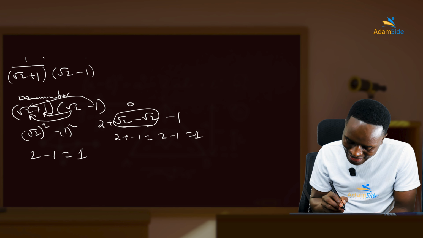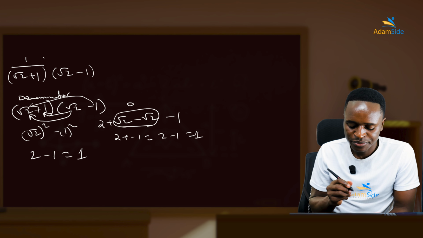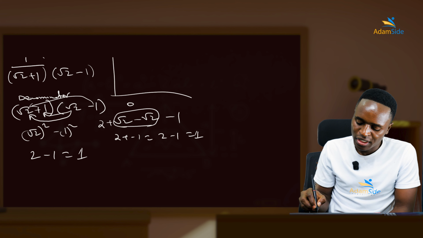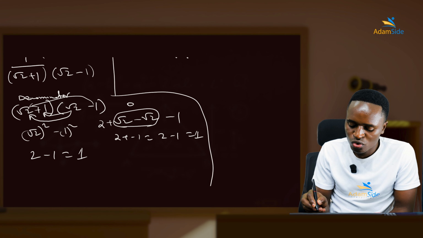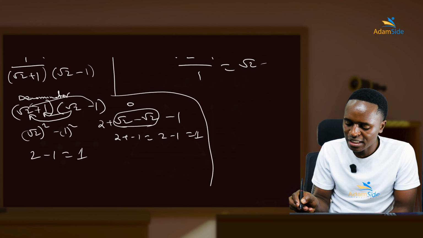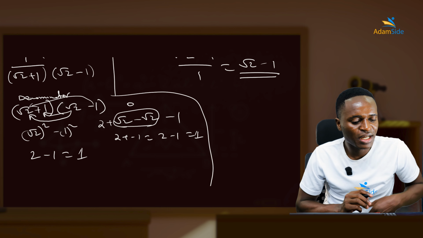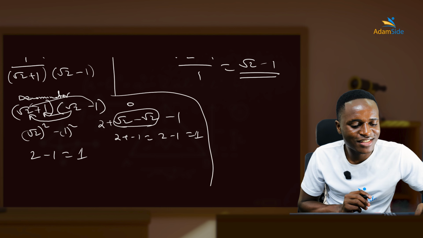So you have to understand the difference of two squares. Then on top, 1 times root 2 minus 1 over 1, so the answer is root 2 minus 1.